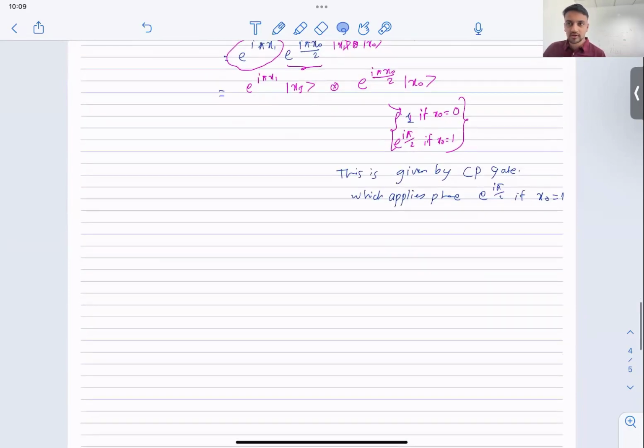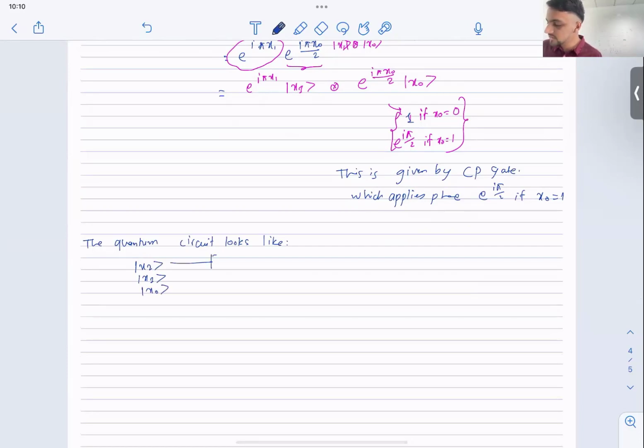I'll tell you what the circuit looks like because we're running out of time. The quantum circuit looks like the following. So x2, x1, x0.